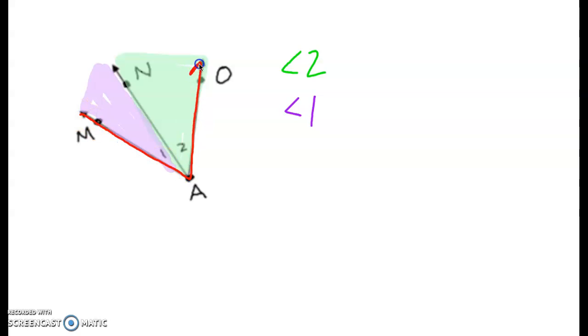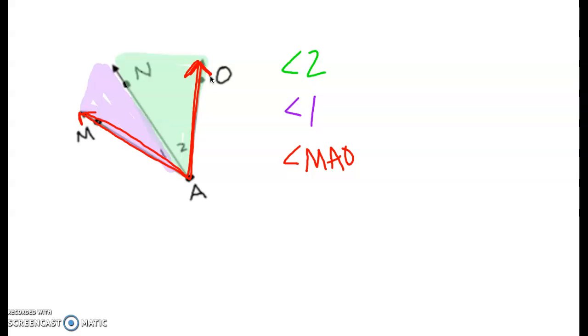All right, what is a good way to label this larger red angle? So again, I'm ignoring the shaded parts in between. I'm looking at that angle that I drew there in red. Appropriate ways to label it: MAO, and again, I'm going in the order from left to right that I would have traced it.